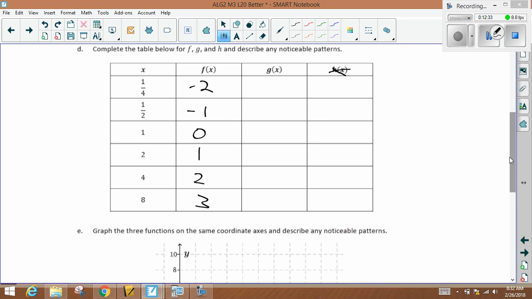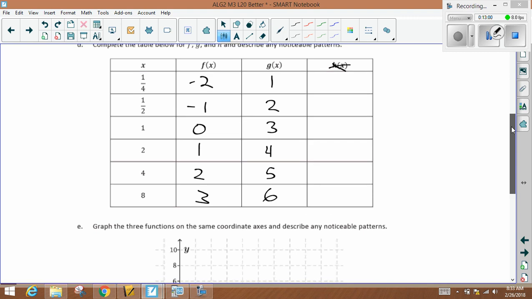So then, if I'm adding 3 at the end, it looks like this is going to be 1, 2, 3, 4. See all these weird patterns. So let's go ahead and graph these.